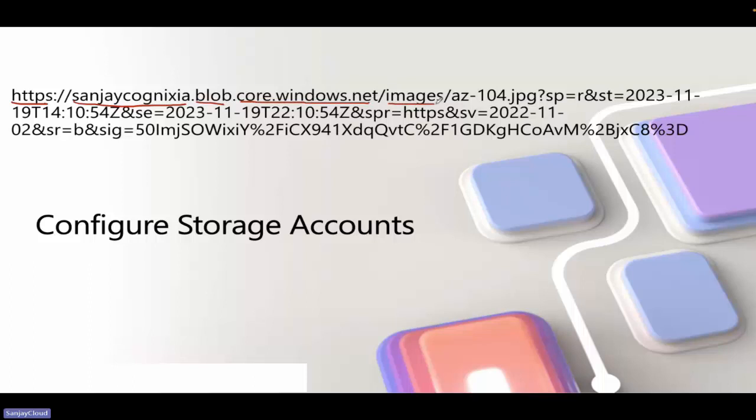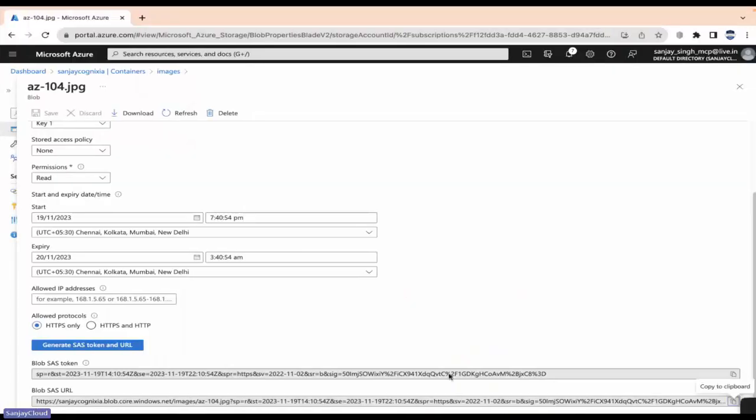After that your container name, images, then your blob name, az-104.jpg. After that comes the permission, which is read, then the SAS start time, SAS end time, SAS protocol HTTPS, the signature version, and then your signature. That is the SAS token.